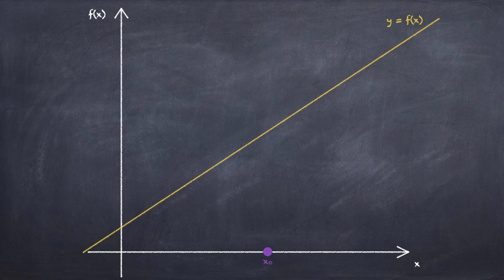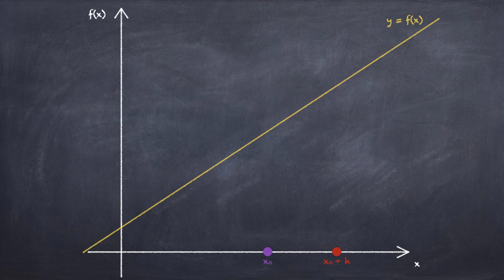That's just the convention they use, and I'm stuck with it now. After that, let's plot another point over here, and let's call it x naught plus h, where h is the distance between x naught and x naught plus h, obviously.